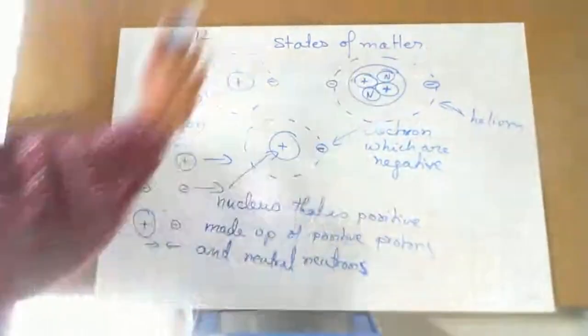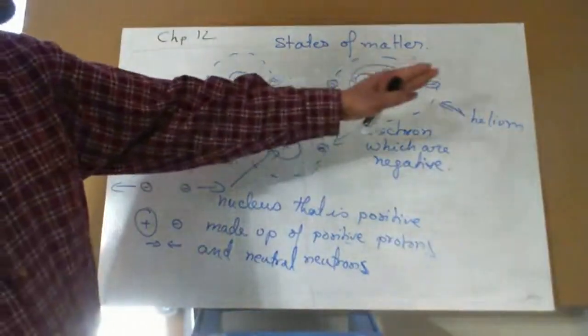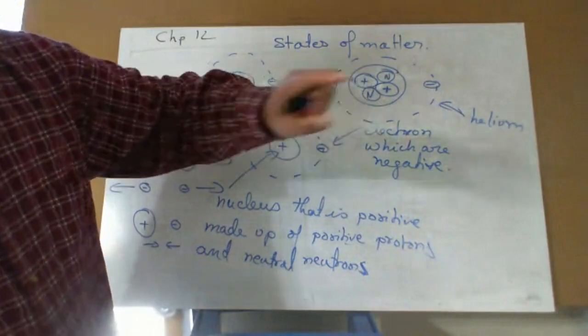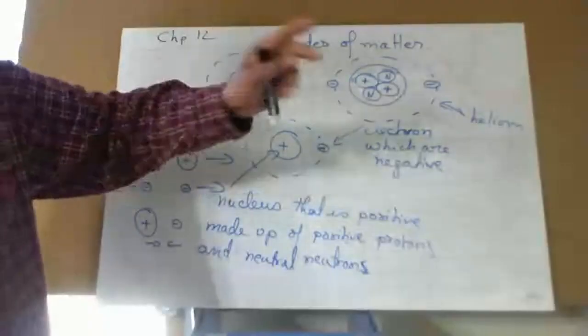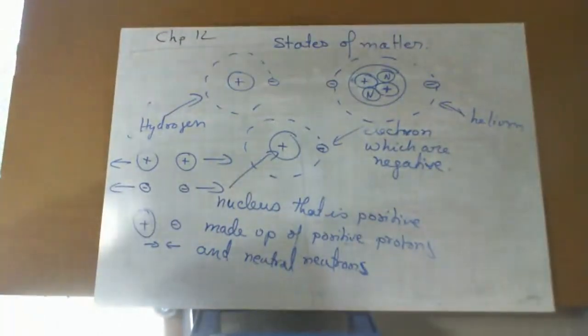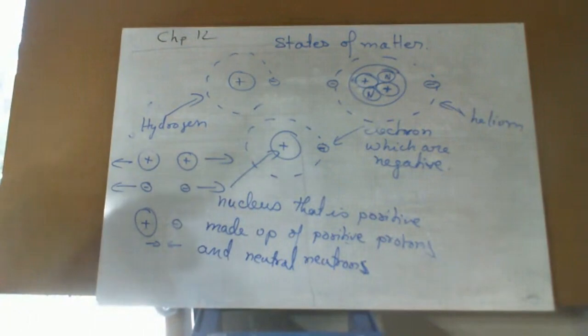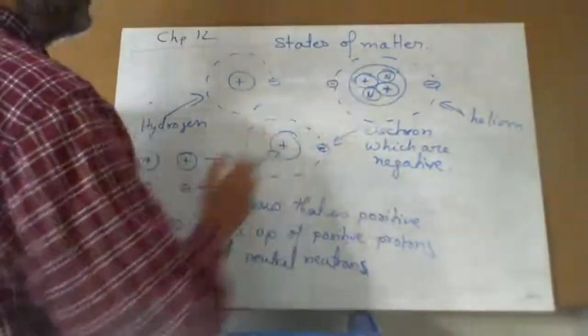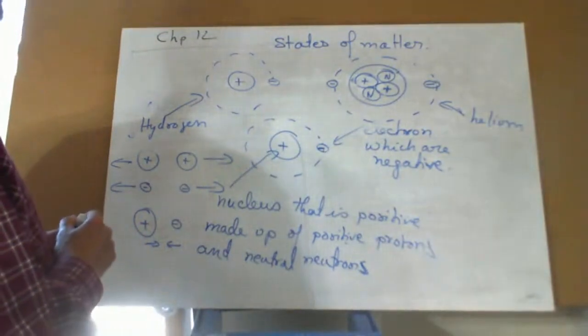And so on. The next element is going to have three protons. Then after that, four protons, 5, 6, and so on, right? So the number of protons keeps going up, and the nature of the element changes, right?